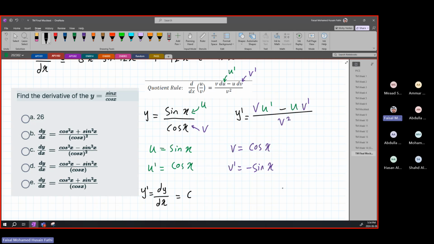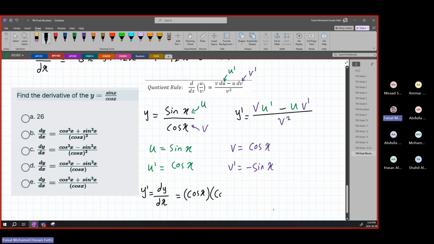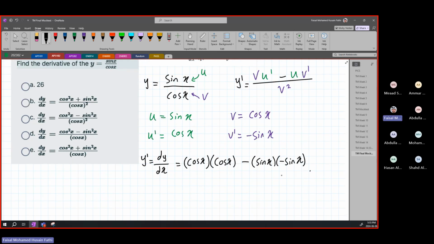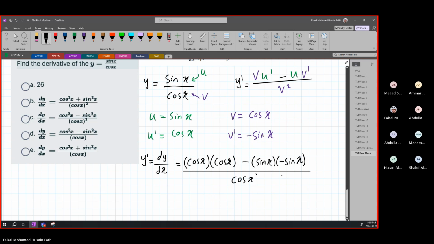It is cosine of x times u prime, which is cosine of x, minus u, which is the sine of x, times v prime, which is minus sine x. All right? All over v squared, which is cosine squared, cosine of x squared. Okay?